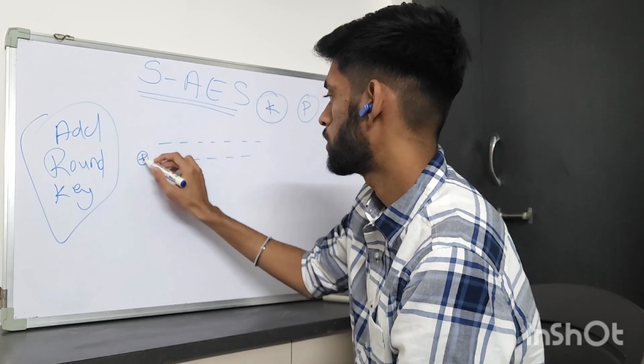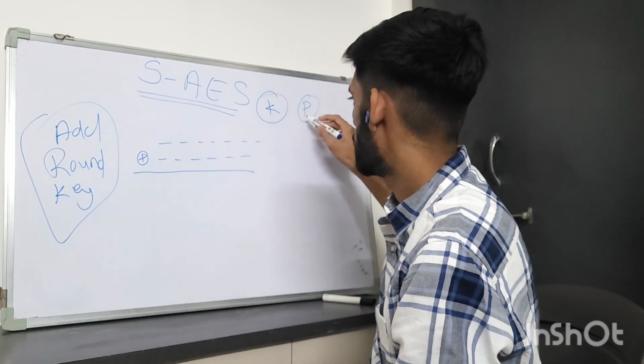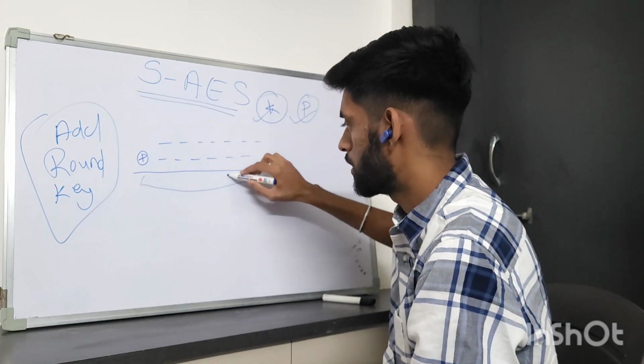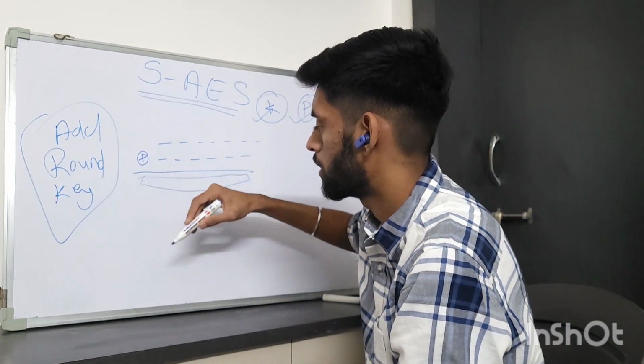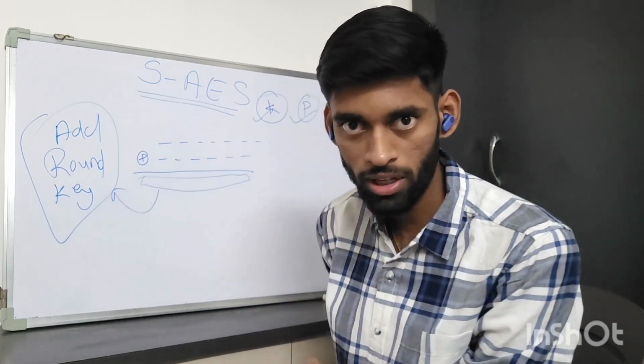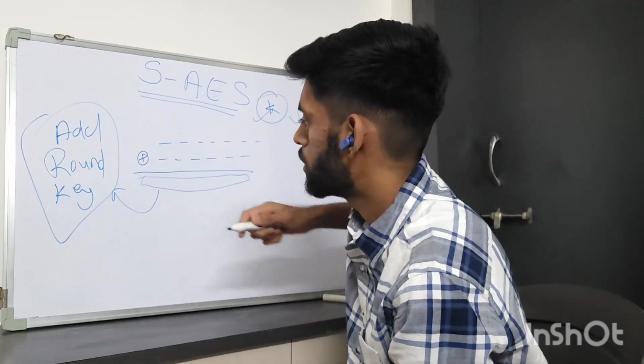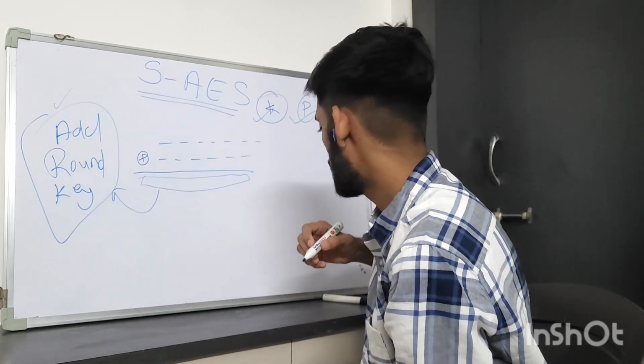We perform an XOR operation between plain text and key, and whatever result we obtain, we consider it as the output of our add round key operation that we did by applying XOR. So this was our first thing that one should know.